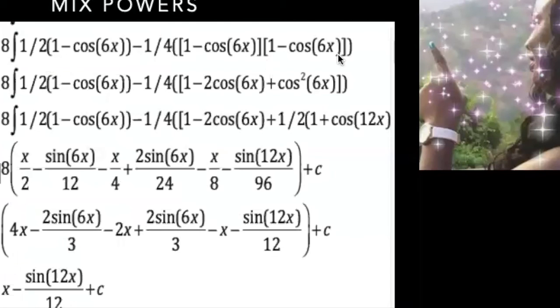So this is the line that we have. Rewrite the half, 1 minus cos 6x. We have the quarter. Now multiply: 1 minus cos 6x times 1 minus cos 6x.